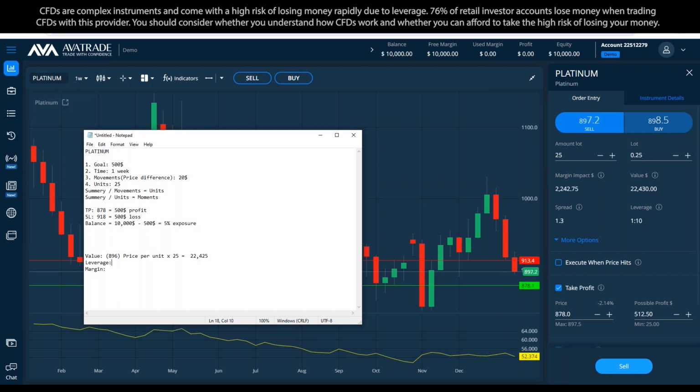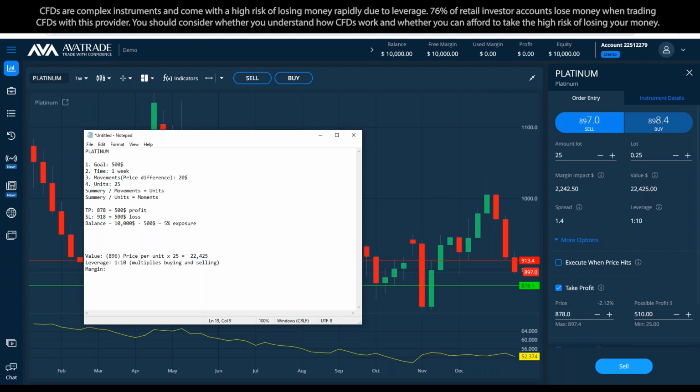So that's 22,425. Now, the leverage in this case is 1 to 10. That means that my balance will behave as if I had 10 times more. It multiplies buying and selling.